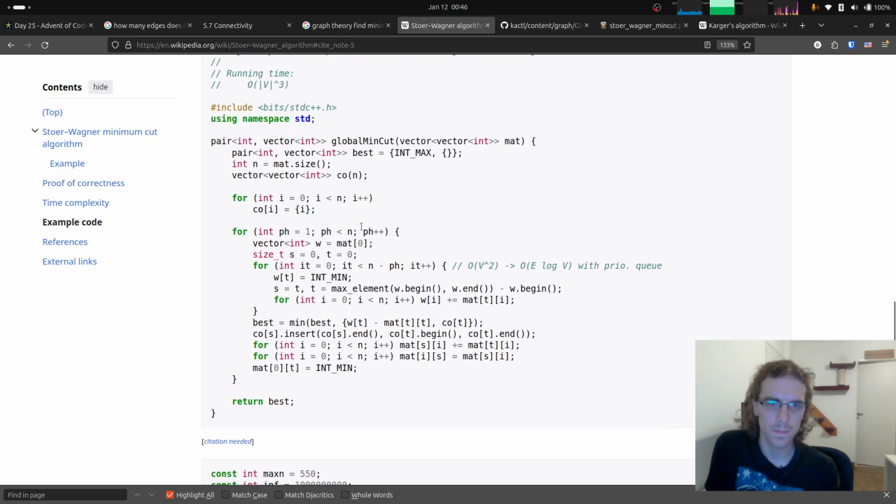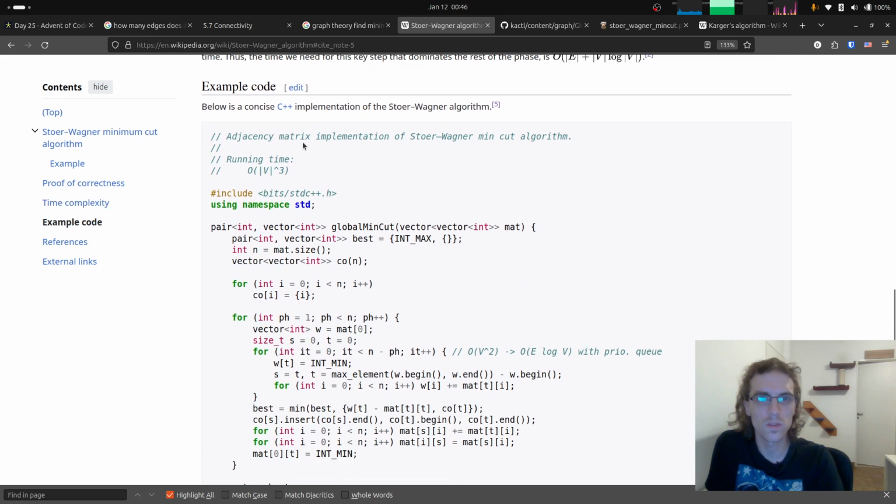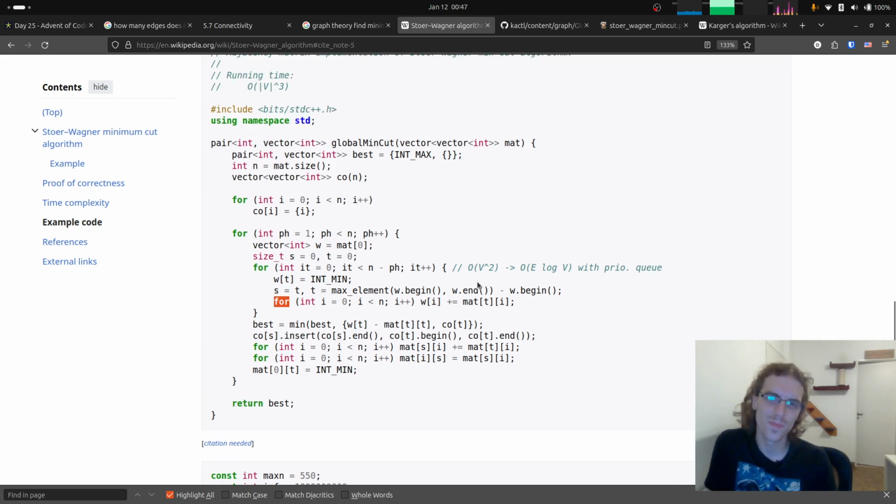Even though it's a very succinct and concise implementation of this thing, we have these 3 nested for loops here, so you can kind of see the cubic nature of this thing.